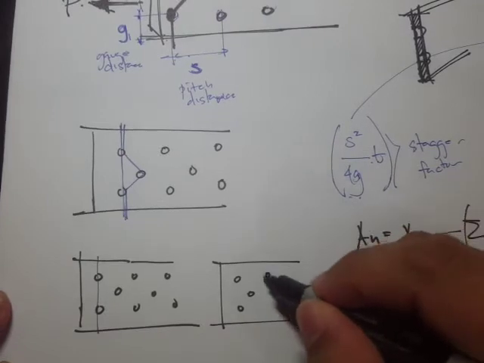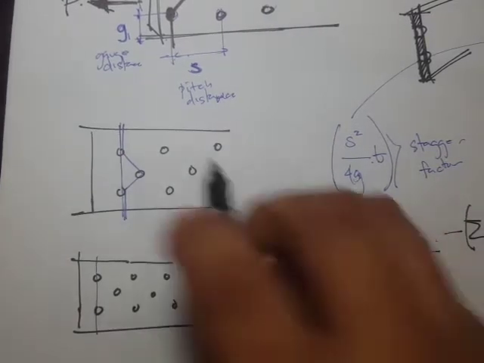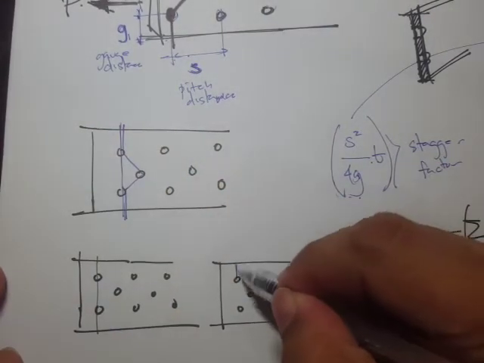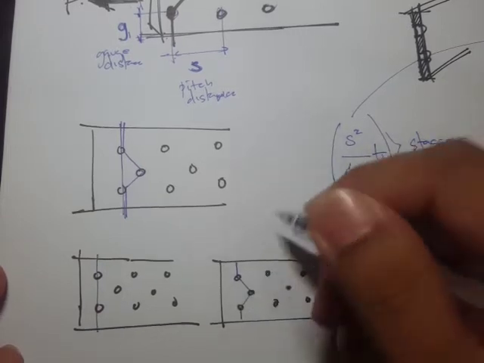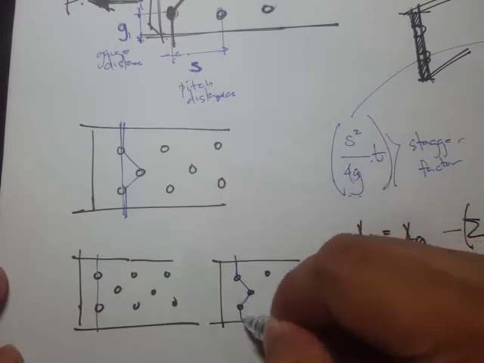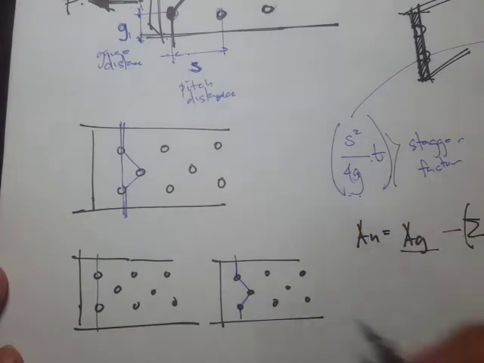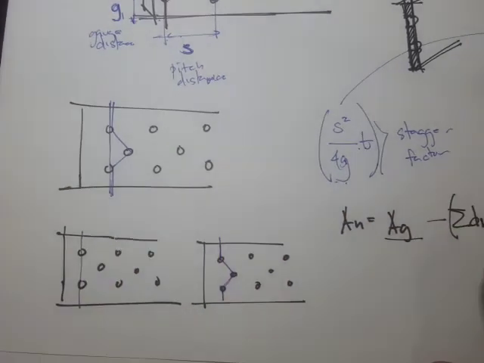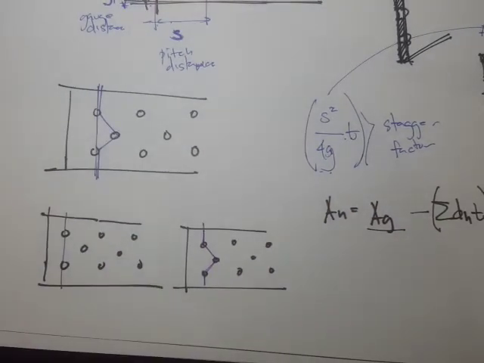That's the reason why I'm drawing the same thing over here, just to separate the failure paths. So this one will be another failure path. What else? I guess that's enough.